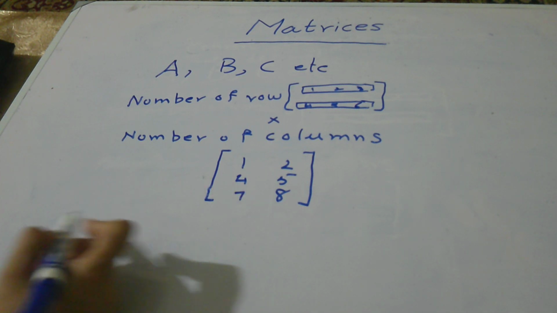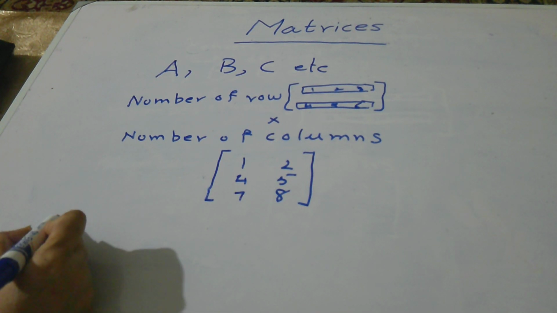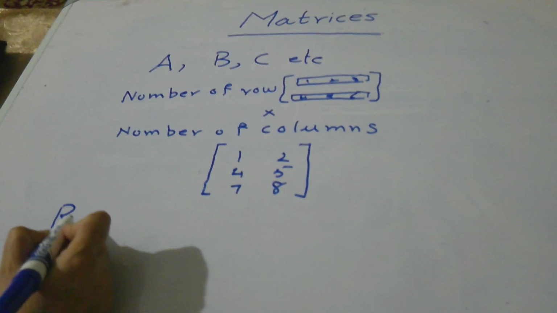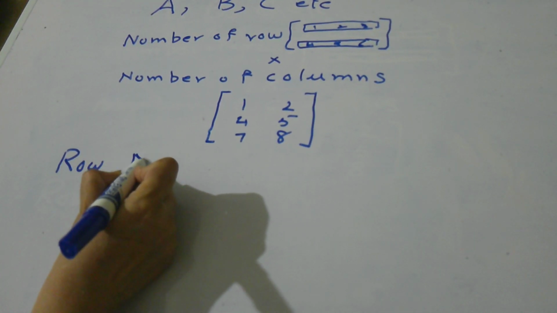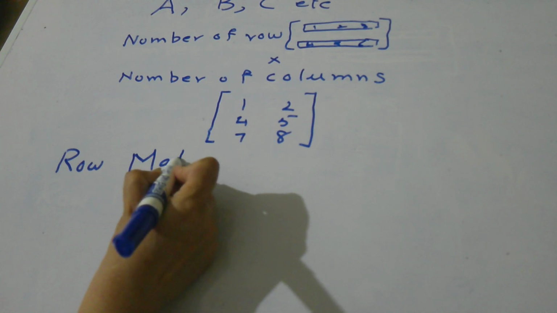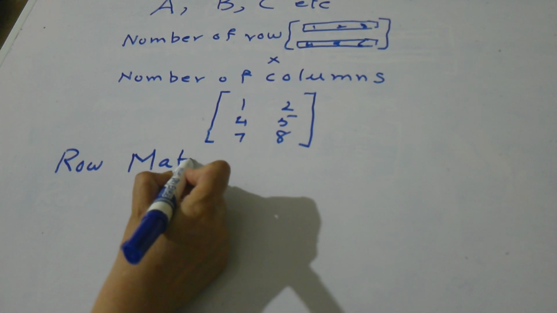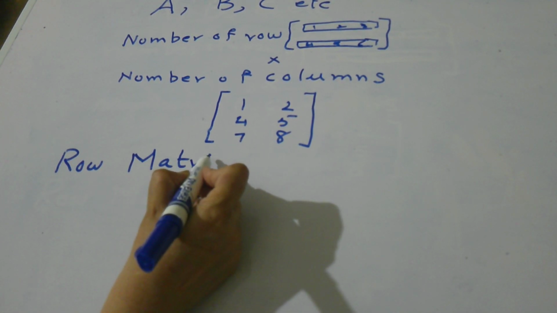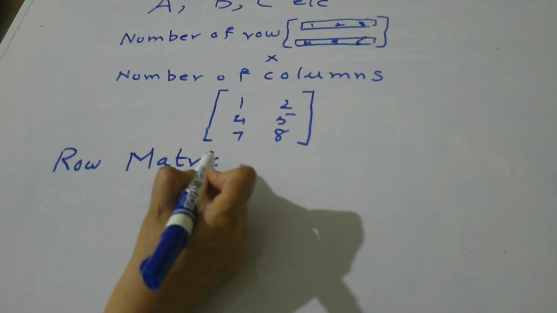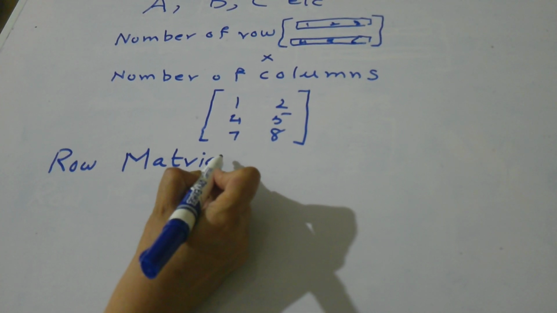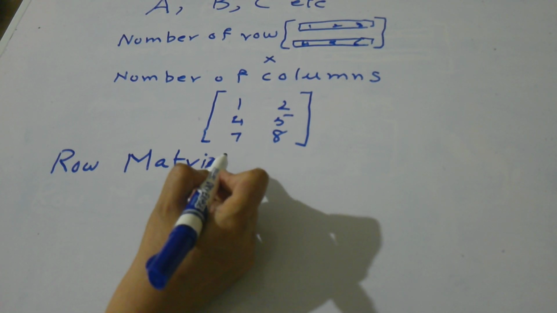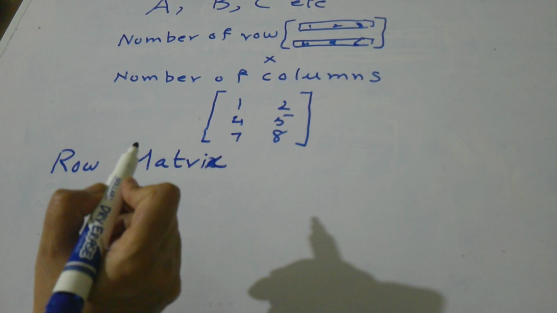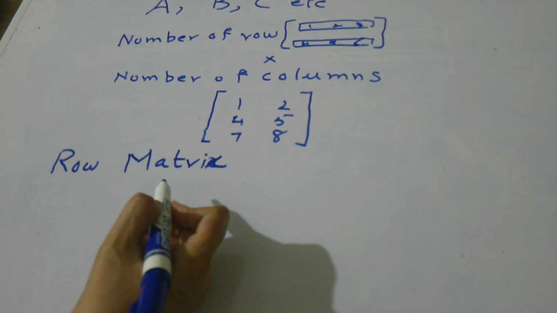Now I will tell you what are row matrices. A row matrix has only one row with two or more columns.